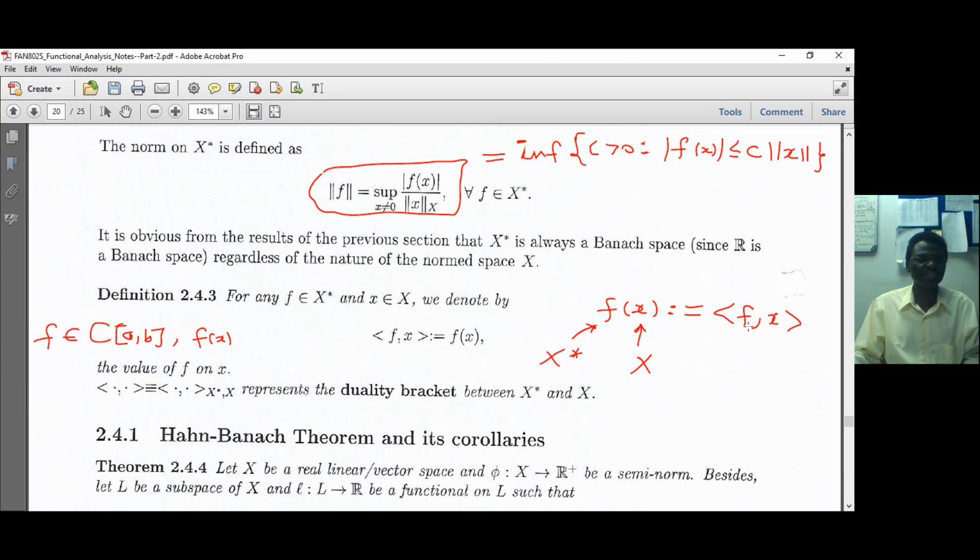That's just to make the difference between f of x in the normal, ordinary way we write, and this new notation where f and its argument are in dual spaces, because I have X a space and X star the dual.